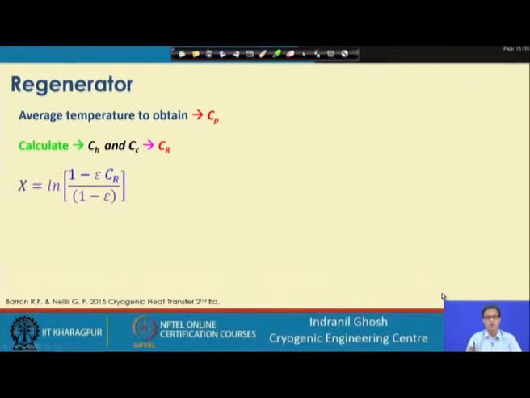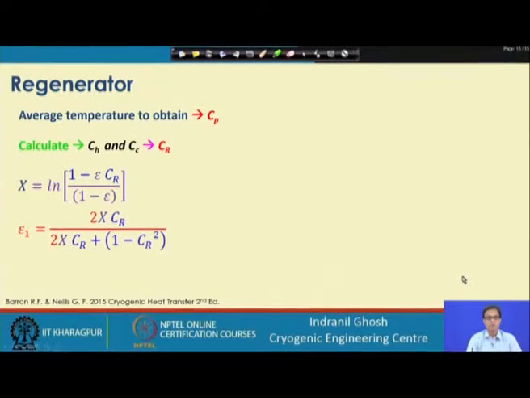If CR is not equal to 1, we will go for the calculation of the x parameter, given by the relation ln of (1 minus epsilon CR) divided by (1 minus epsilon).